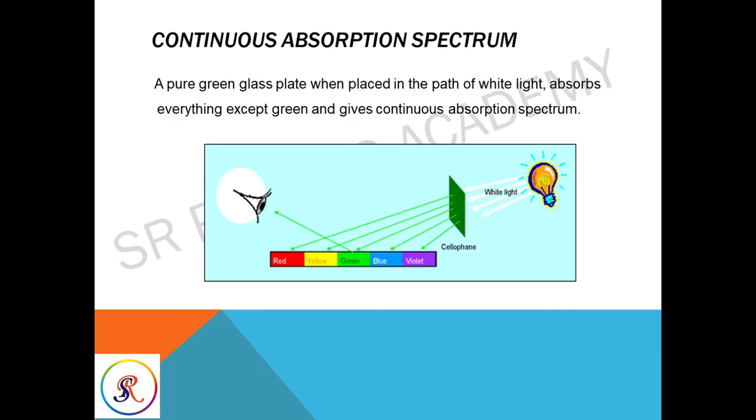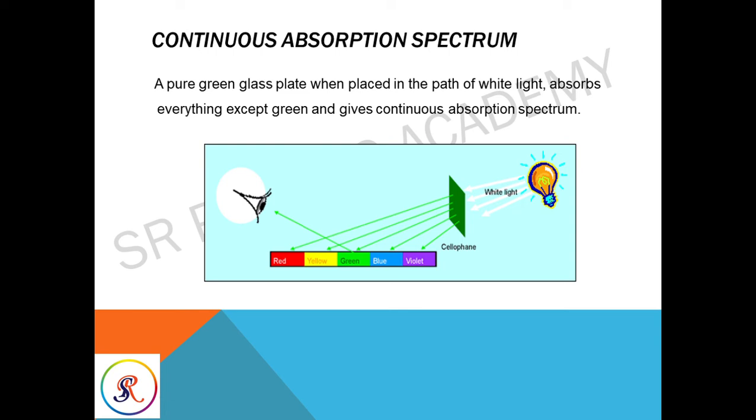Now we will discuss what a continuous absorption spectrum is. First, why are we studying these spectral lines? They are used to identify atoms and molecules.